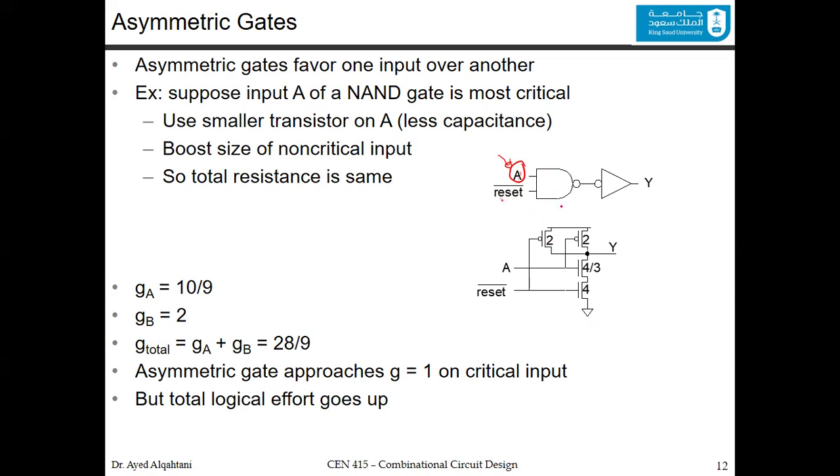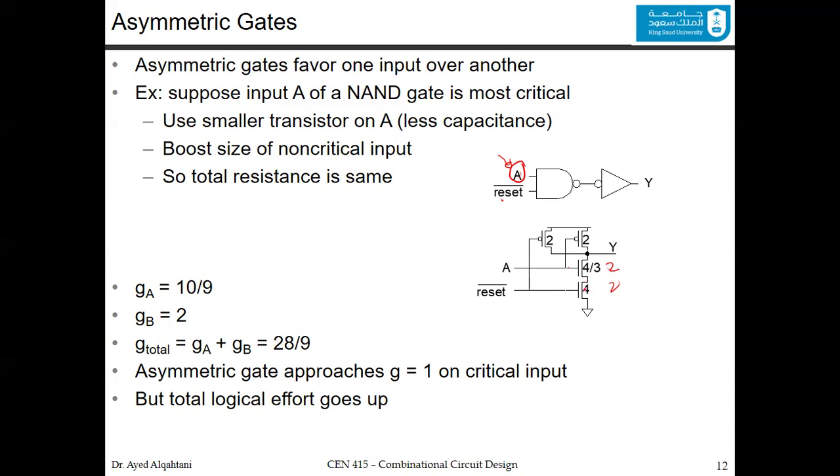We know that this is a NAND, and the correct sizing for the NAND, the one that we described before, is 2, 2, 2, and 2. But now, since I'm favoring A, I will reduce the sizing of the A and increase the sizing of the other transistor. This is the idea about the asymmetric gates. So they're not symmetric anymore.